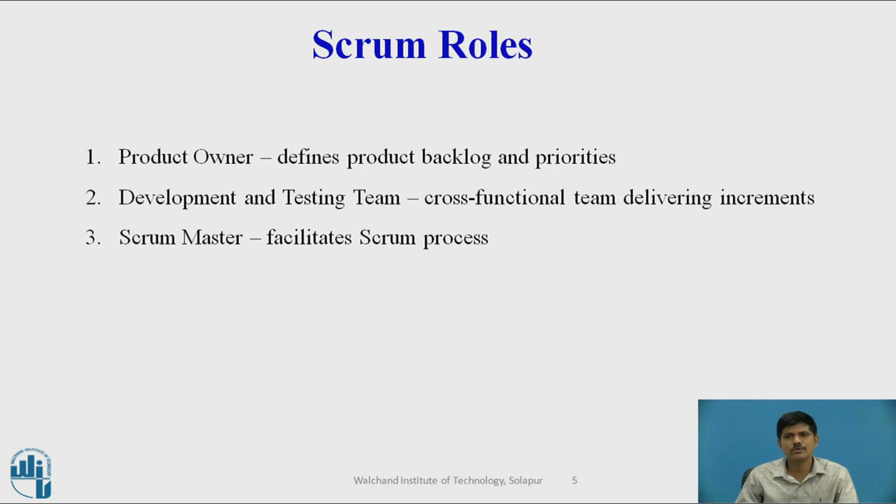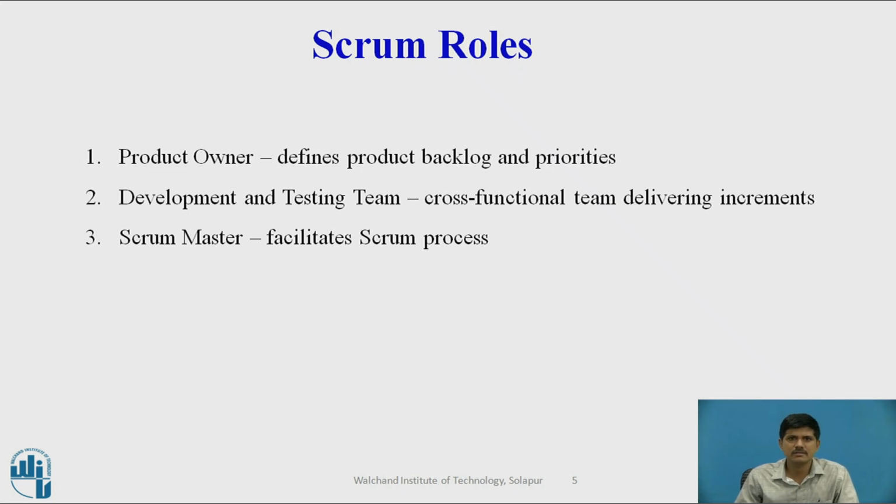The next Scrum role is the development team and testing team. As we already know, if you go for any type of methodology, the heart of the team is the development team and testing team, because the development person is able to develop the product and the testing team is responsible to certify the quality of that product. The next role is the Scrum Master. Scrum Master is one of the new roles we never came across in any methodology.